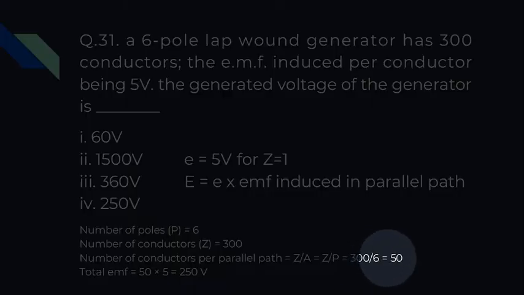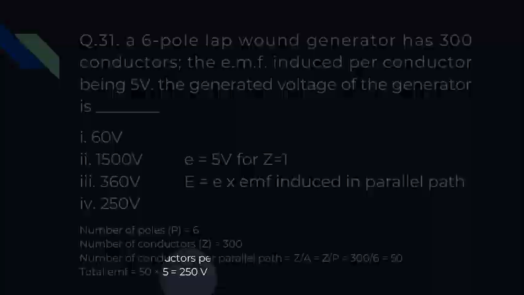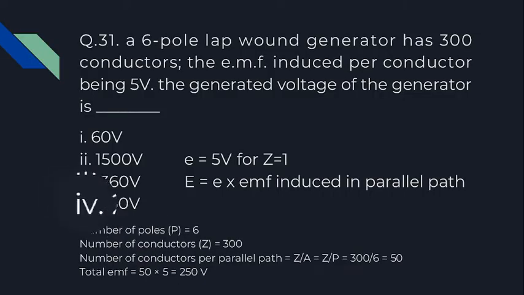The number of conductors in one parallel path is 50. So now we can say that the EMF induced in the generator in one parallel path is 5 into 50, that is the EMF induced in one conductor into the number of conductors in one parallel path. That will be 250 volt. So the answer for this question will be option 4, that is 250 volt.